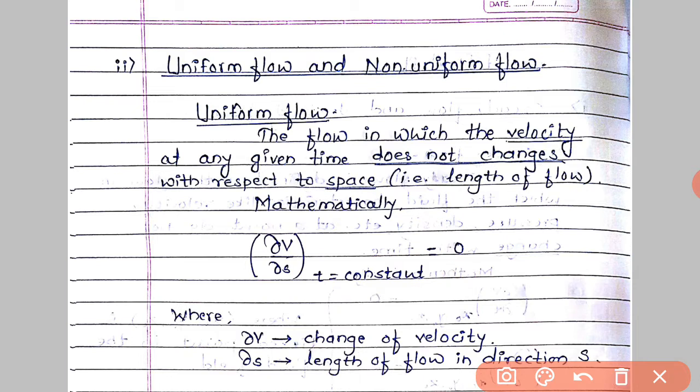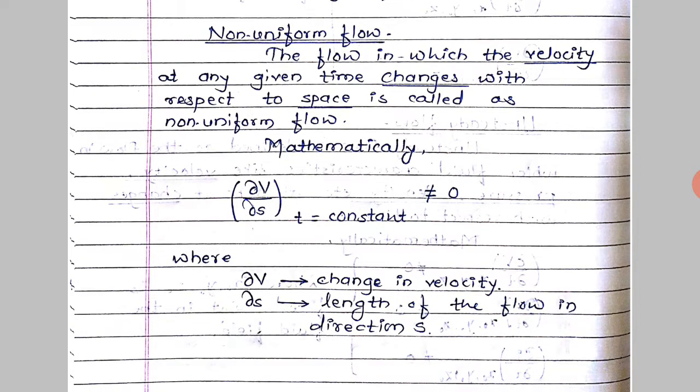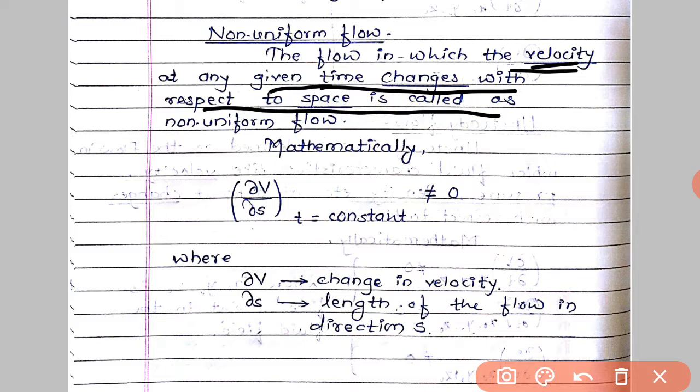And in non-uniform flow, the flow in which velocity at a given time changes with respect to space is called non-uniform flow. So velocity changes with respect to space, so the velocity will be variable.